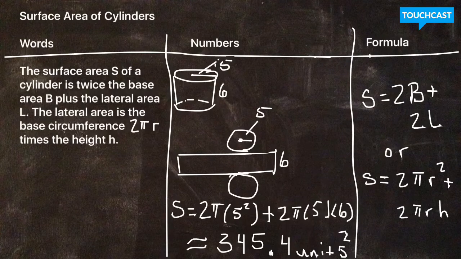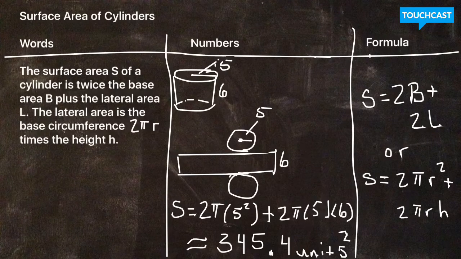To do that, we're going to have to go 2 times the radius times pi to find the circumference, and then multiply it by 6, the height. When we do that, that's going to give us approximately 345.4 square units.